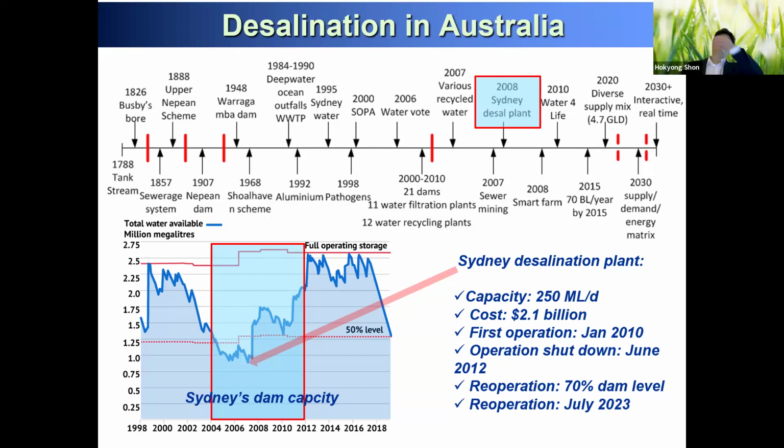So now we are planning to increase it to 2 times this size, 250 megaliters per day to 500 for the next 5 years. So Sydney desalination will double the overall capacity of the desalinated water because now we need more water to support the population. So that's how it works.